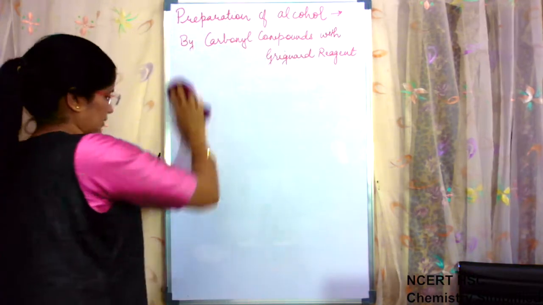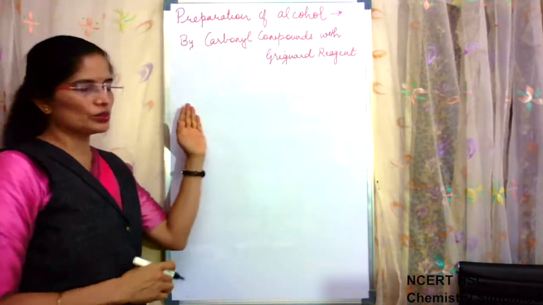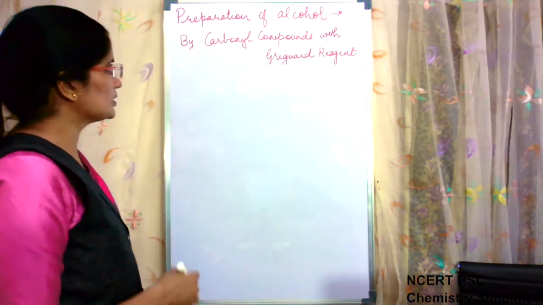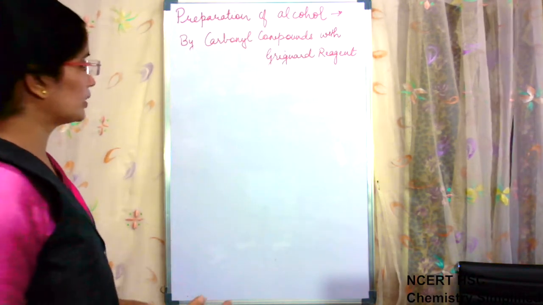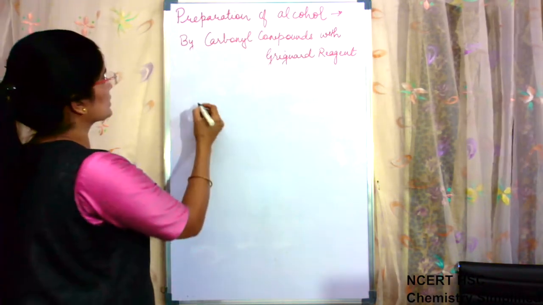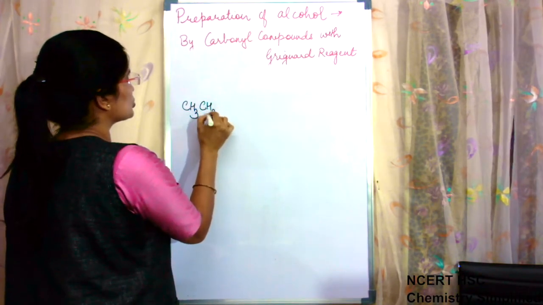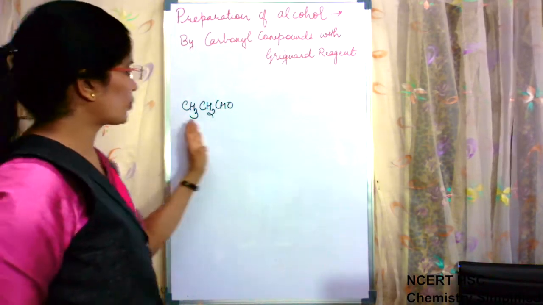Now, it's not so that only if we use acetaldehyde do we get a 2 degree alcohol. Other than acetaldehyde, if you are using any aldehyde, let us take the example CH3CH2CHO. Now this is propanal.